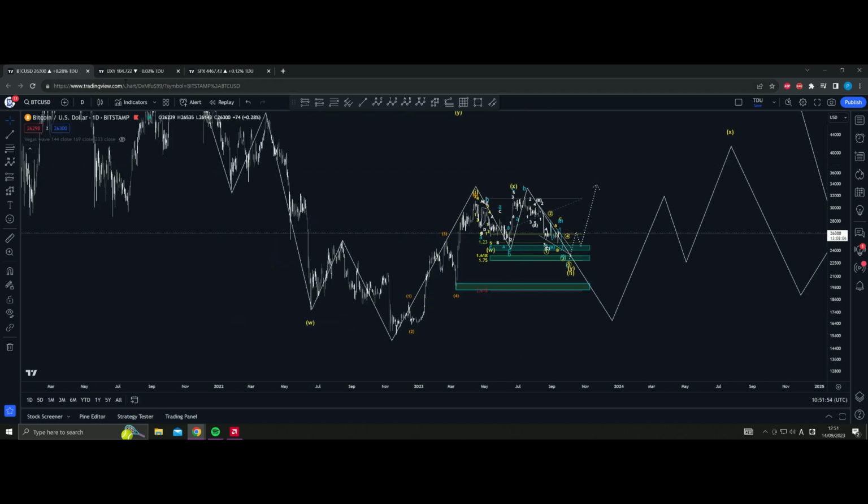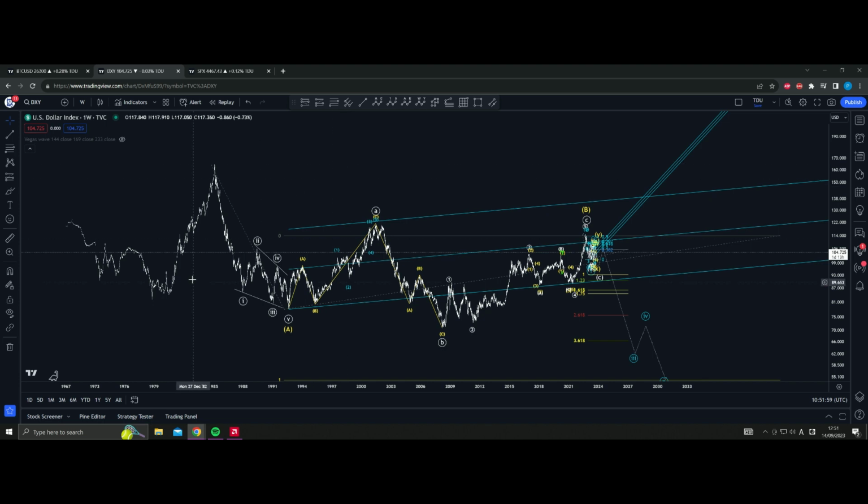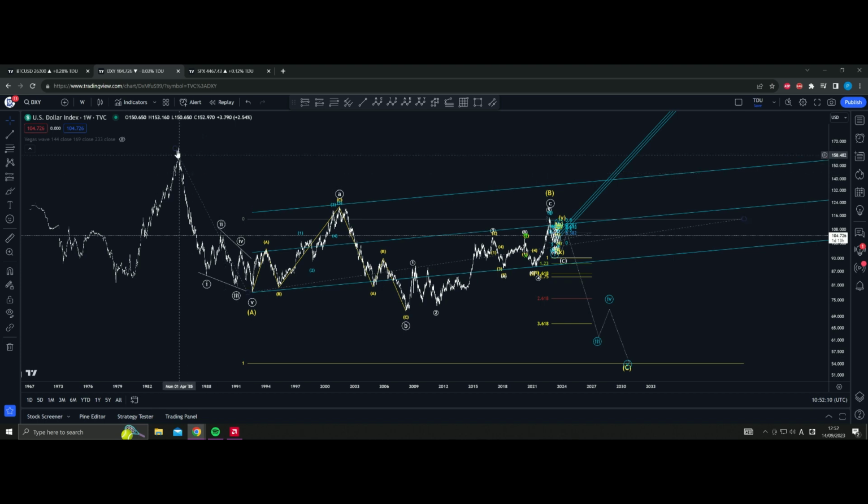I mean, I can, but then I would change it all the time on a small time frame. All right, so the next one is going to be a DXY. So the macro count. So this descending pattern since 1985, I would call it a leading diagonal. I mean, it fits the best, in my opinion, as a wave 1, 2, 3, 4 and 5 contracting, with a slight, let's say, ugliness, because it ends in 3 waves.